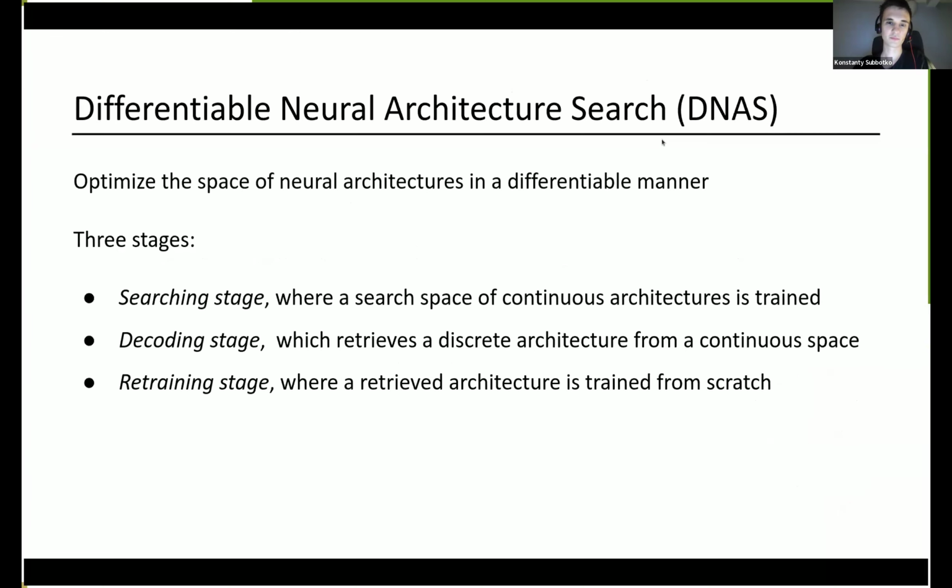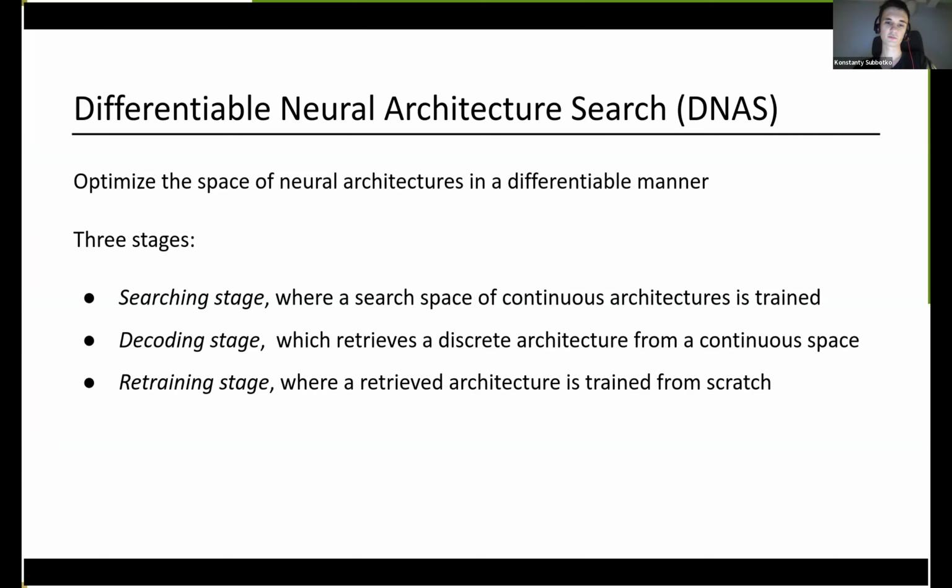In differentiable NAS, we construct a differentiable search space so that we can optimize it using gradient-based methods such as SGD. To simplify the terminology, we decompose the DNAS framework into three stages.